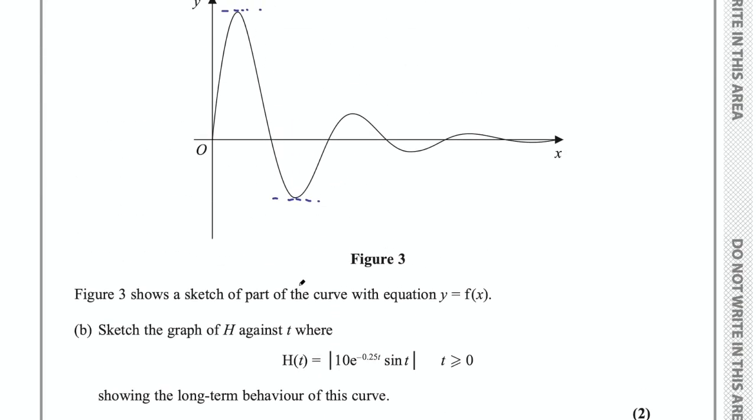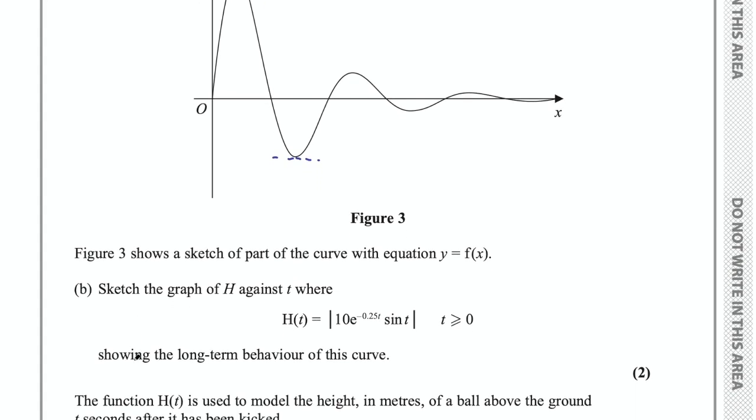Figure 3 shows a sketch of part of the curve of the equation y equals f of x. Part B says sketch the graph of h against t, where h of t equals the absolute value of 10 e to the power of negative 0.25t sine t, showing the long-term behavior of this curve. So if it's the absolute value, then these negative parts of this curve would just be positive.